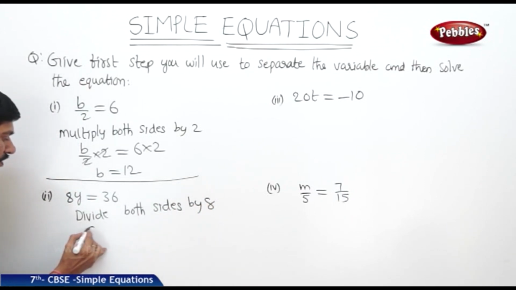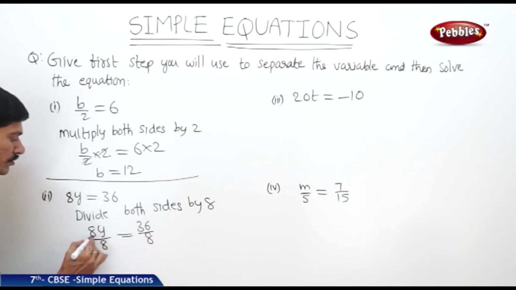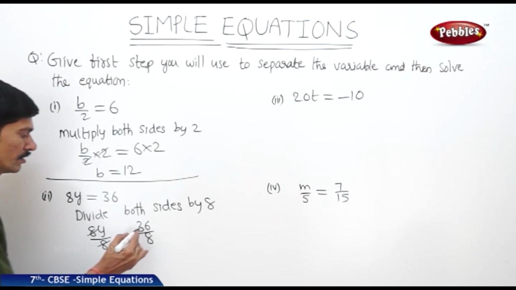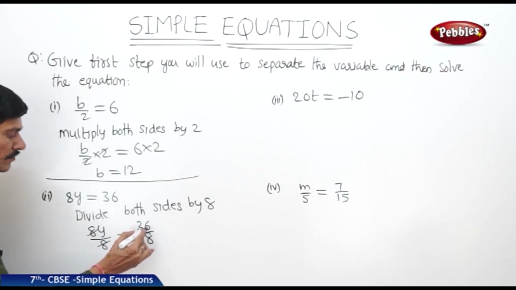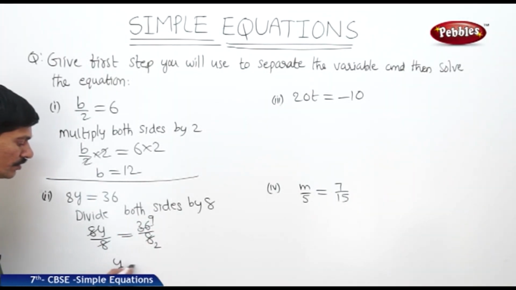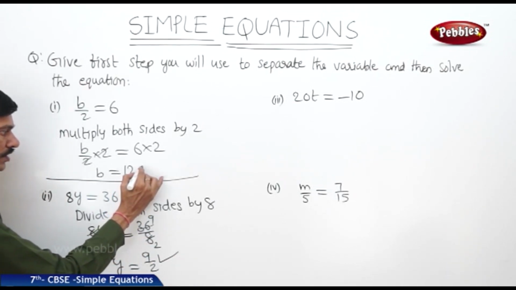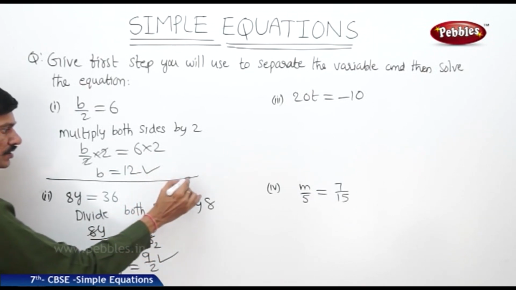Then we get 8y divided by 8 equals to 36 divided by 8. So here into 8 by 8 get cancelled. In the RHS we can cancel 36 and 8 using the 4 table. 4 9s are 36 and 4 2s are 8. Then we get y value 9 by 2. Here 9 by 2 is the solution of the equation, and here b equals to 12 is the solution of the equation.